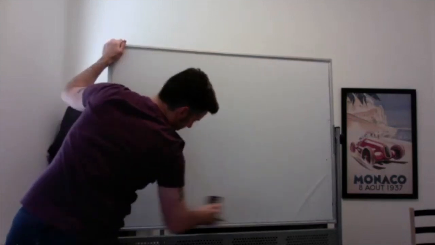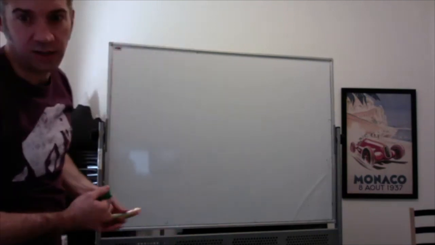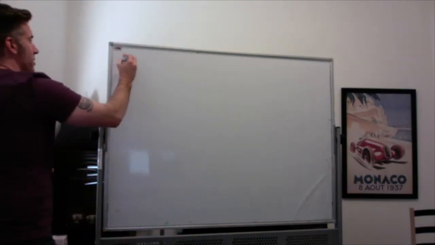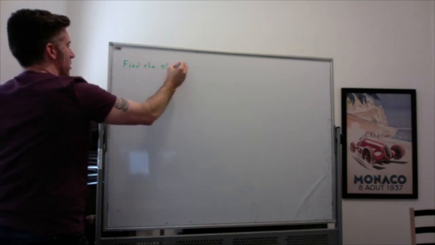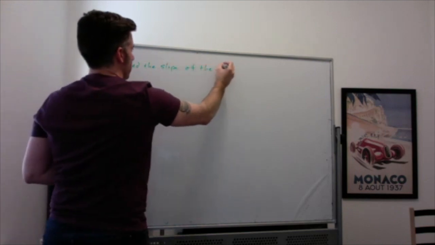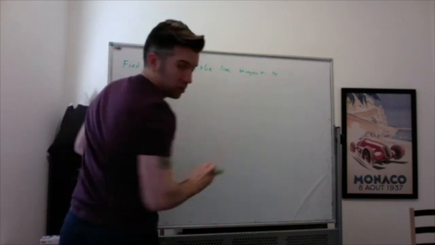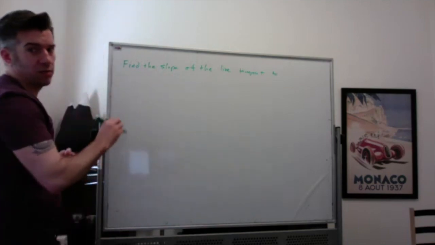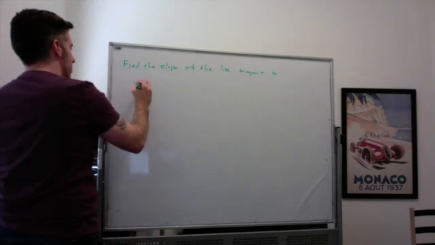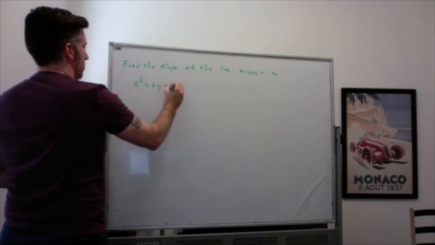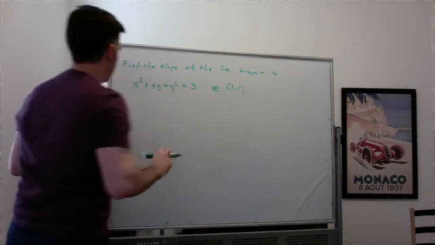So instead of just finding the derivative, for this next one we're going to be asked to find the slope of the line tangent to the equation x squared plus xy plus y squared equal to 3 at the point 1, 1.